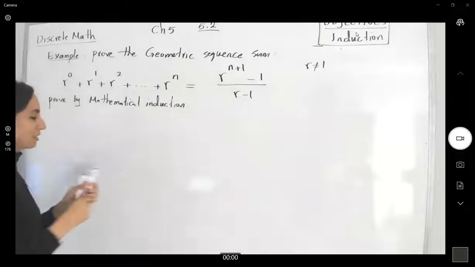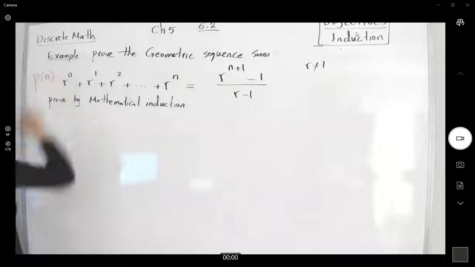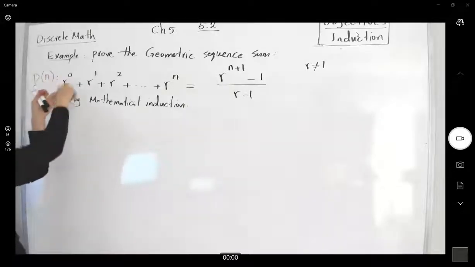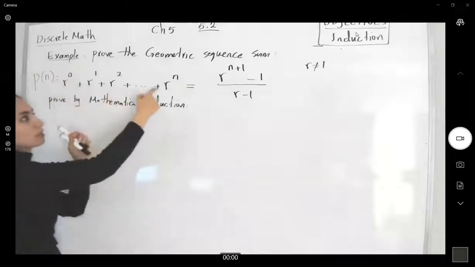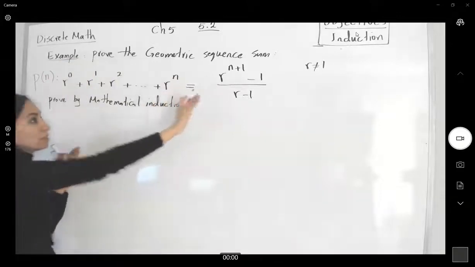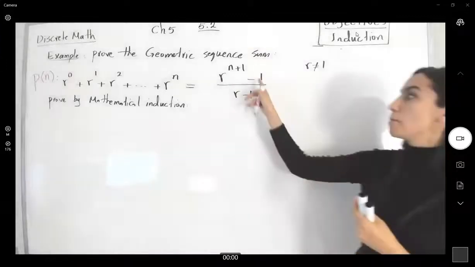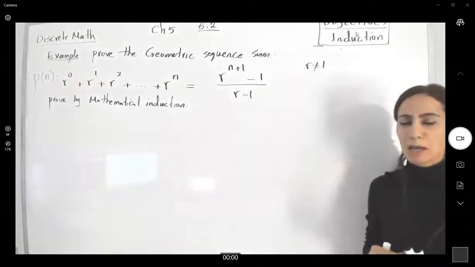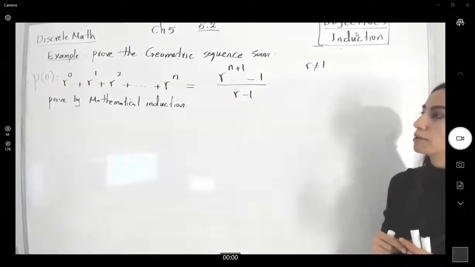This statement, let us denote this by P of n. It says r to the power 0 plus r to the first power plus r to the second power plus dot dot dot r to the n power, if you add all of these together, closed form, is equal to r to the n plus 1 minus 1 divided by r minus 1. We have this condition that r cannot be equal to 1.